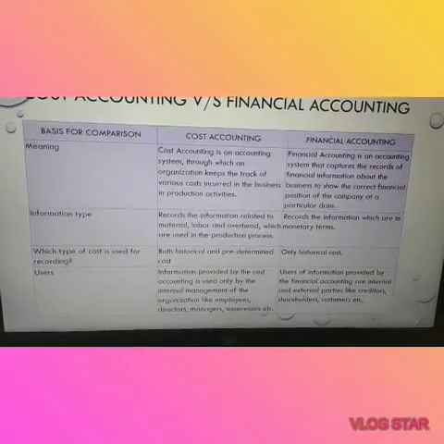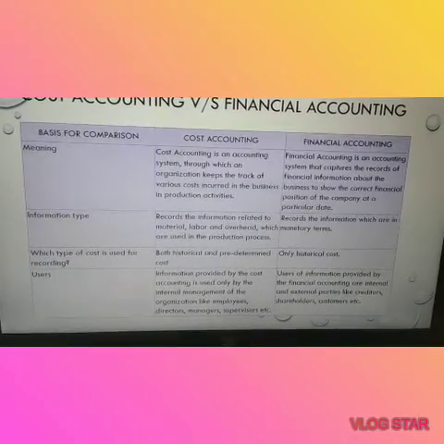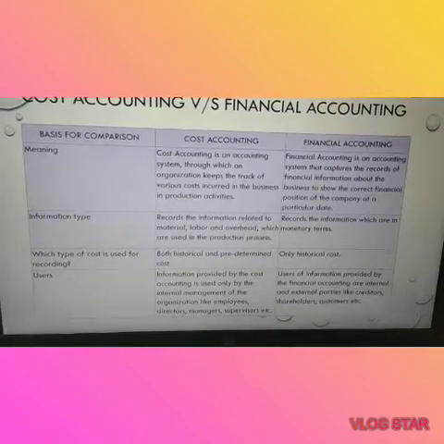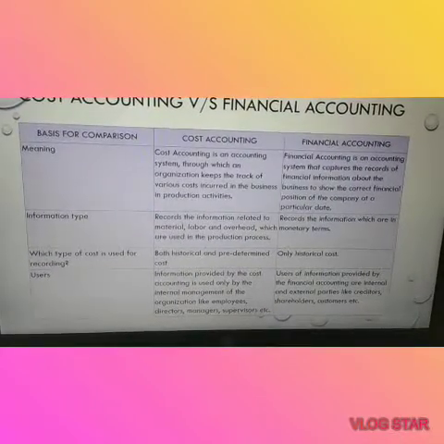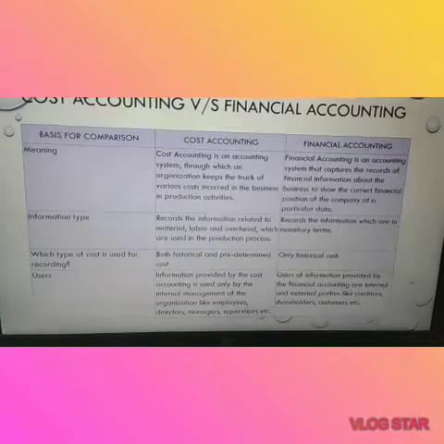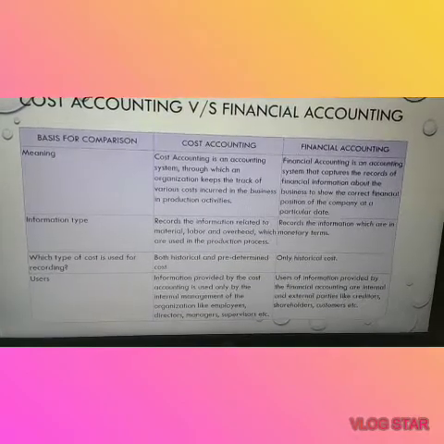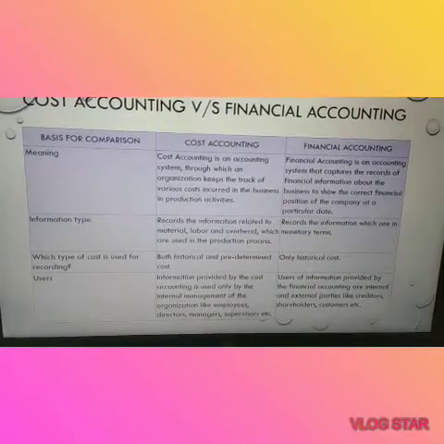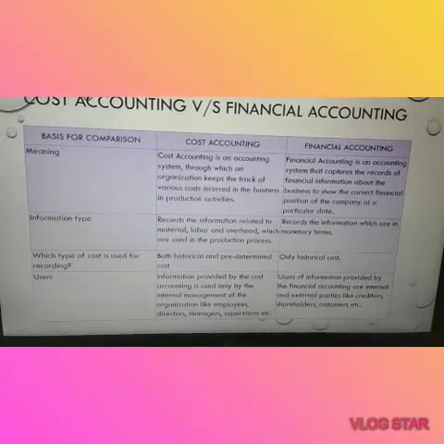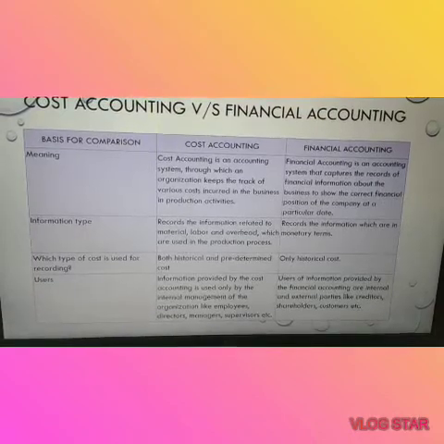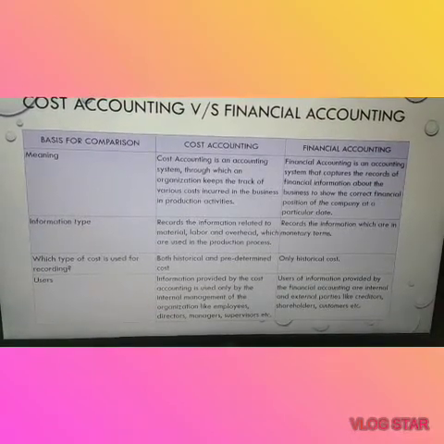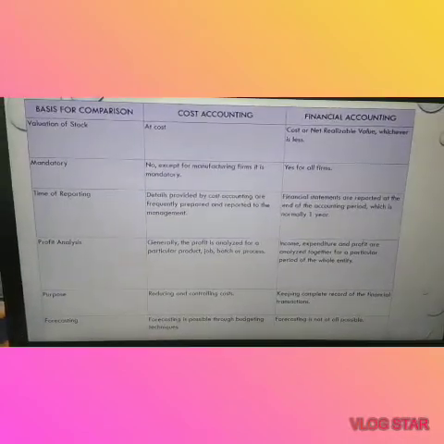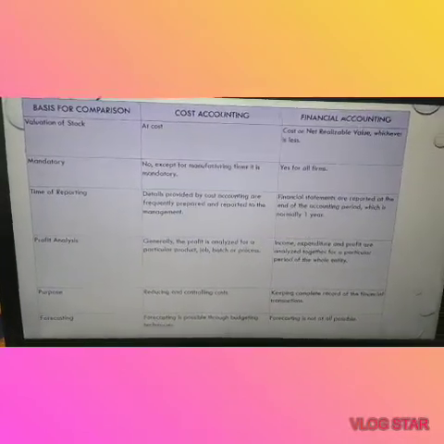The users. The information provided by the cost accounting is only and only used by the internal management of the organization, like the employees, directors, managers, supervisors, etc. But the information which is provided by the financial accounting are used by the external parties also, like creditors, shareholders, customers, etc. Next basis is valuation of stock.